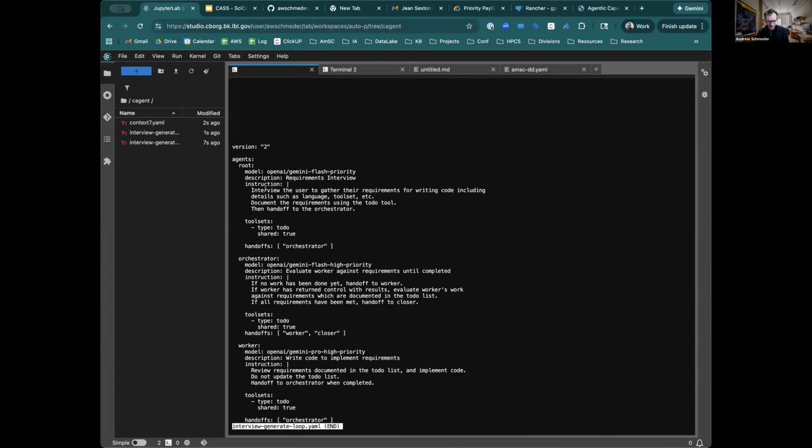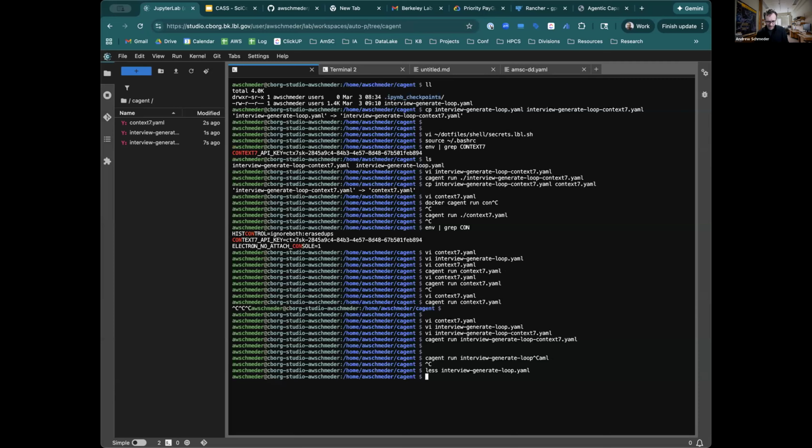Basically it involves multiple steps. First there's an interview process where the model will ask you about what you're trying to code. Then it gathers requirements, then hands off to an orchestrator, which delegates to a worker, and they engage in a loop until the requirements have been satisfied.